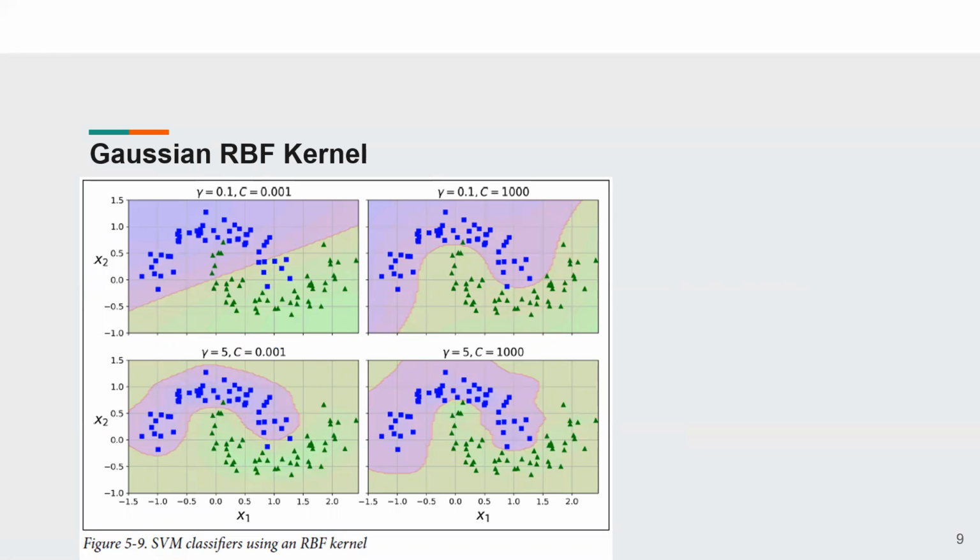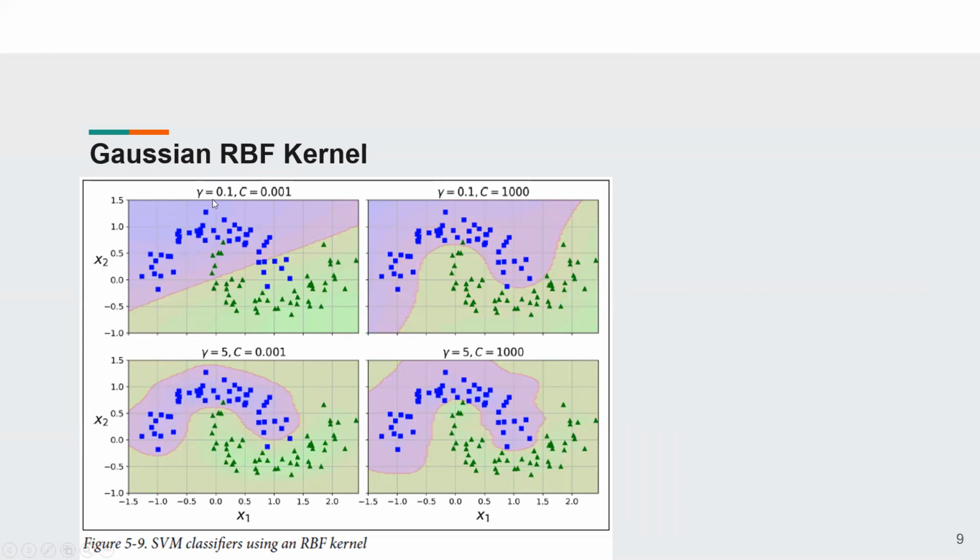Let's look at this example to compare all different values of gamma and C. First of all, let's compare those two. For the same C, when gamma is higher, you can have a very curved boundary to figure out the difference between those two classes.